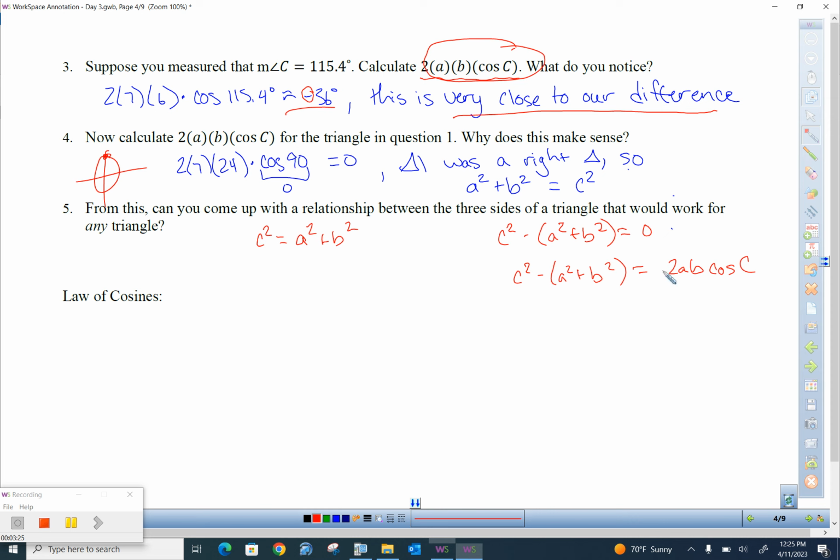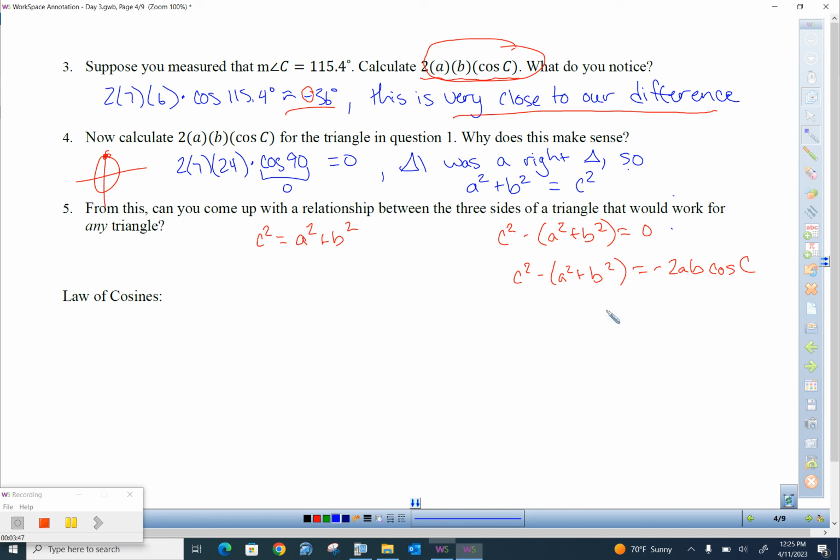So to fix that, we just need to tack a negative on either side, and then it's easier to put it on this side since that's only one term, whereas this has really 3 pieces if we distribute that negative through. Okay, this is the built version of the law of cosines, which says I want this c squared by itself because I'm used to seeing the Pythagorean theorem this way.